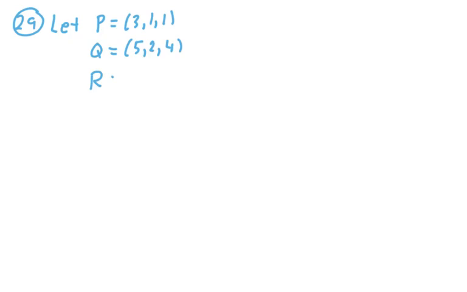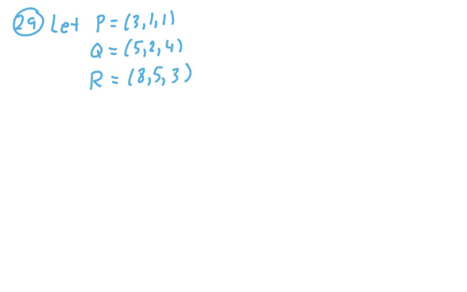Now, with that, let's take a look at problem 29. What I want to do is I want to let P equal the point (3, 1, 1). I want to let Q equal the point (5, 2, 4). And I want to let R equal the point (8, 5, 3).